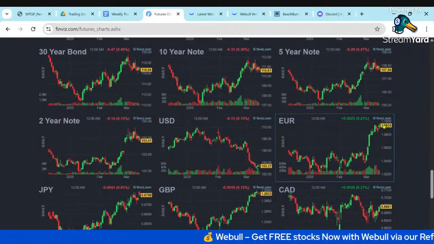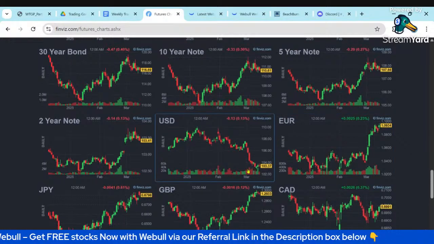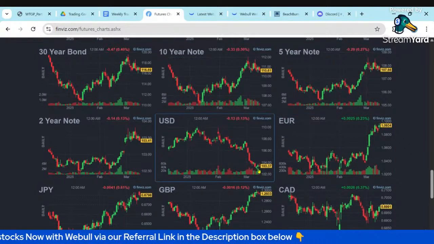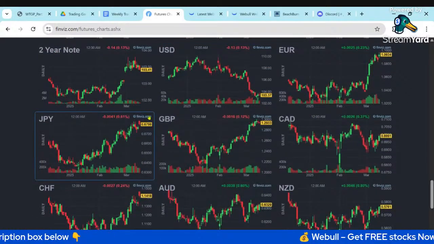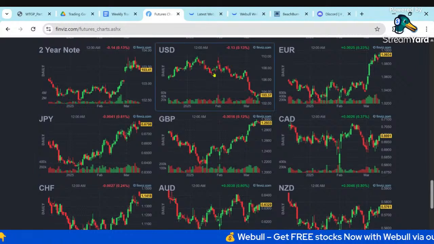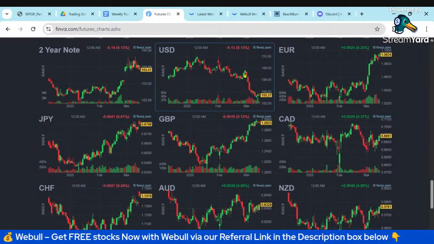So we saw a big surge in the euro. See if that continues to trend up, down on the dollar. So dollar bounced off about 103. So downtrend in the dollar. Yen uptrending. So again, we haven't really seen more unraveling of that yen carry trade, but possibly unraveling over time.